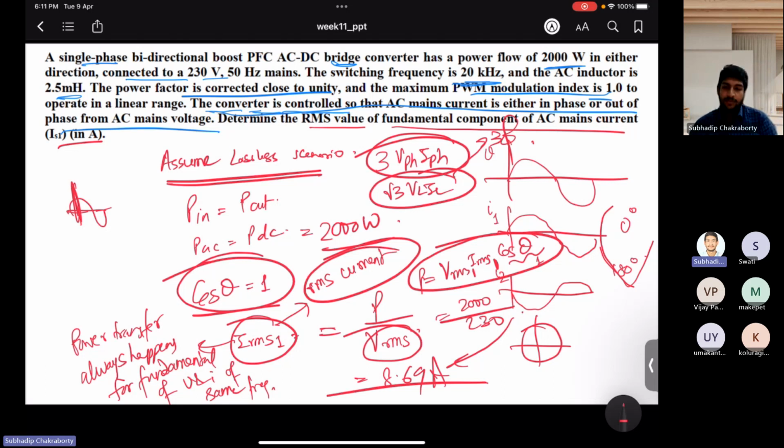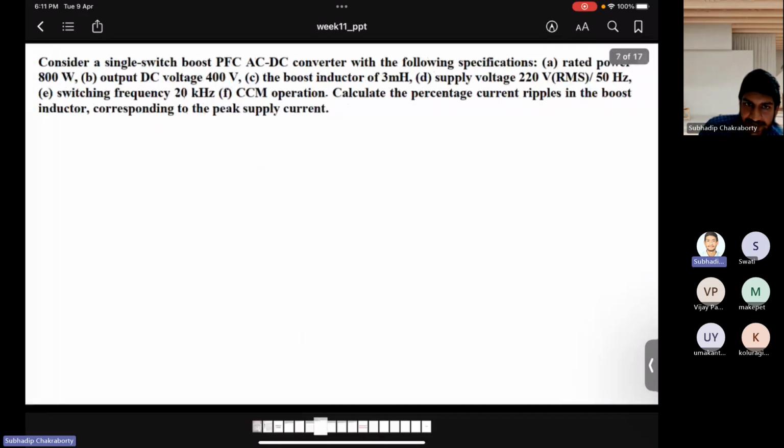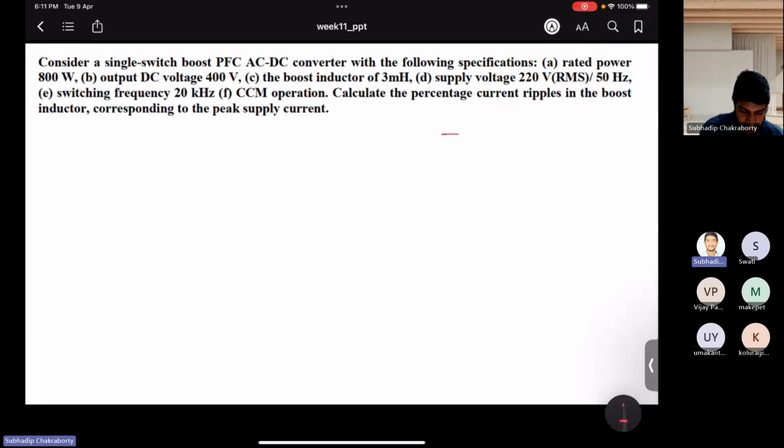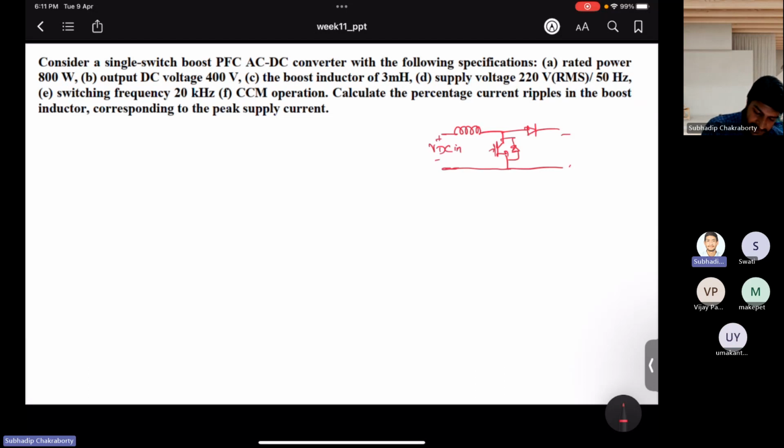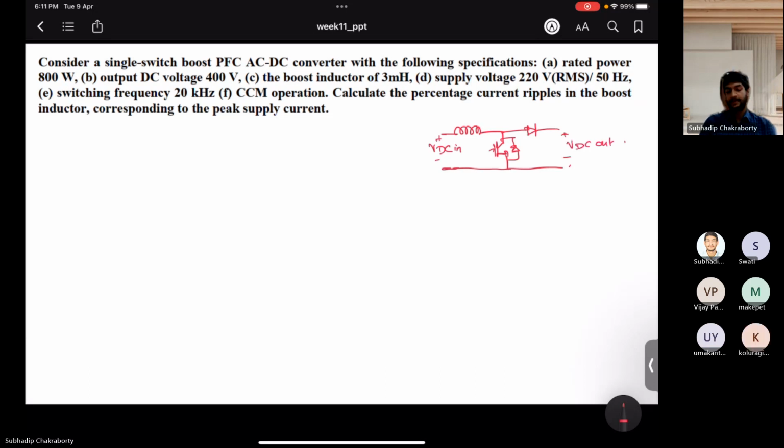Now we move on to the more intricate details of the converter, that maybe you have just studied, the boost converter. Otherwise, I will just draw how the boost converter looks. You have an inductor, you have a switch, and then you have some diodes. This is VDC in, and this is VDC out, right?